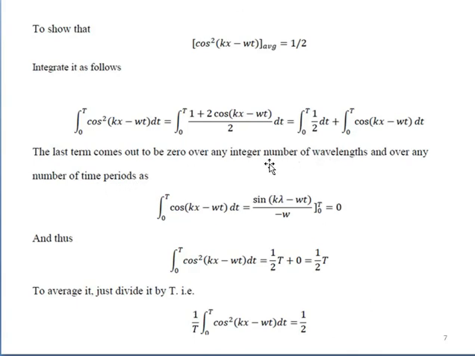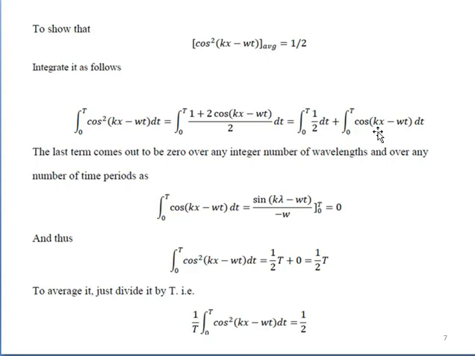Over here we mention the number of wavelengths because x is a variable, so we replace it by a constant value, because we are integrating with respect to t only. But we have to consider the average over any integral number of wavelengths, that is x is equal to 1 wavelength, 2 wavelengths, 3 wavelengths, and so on.